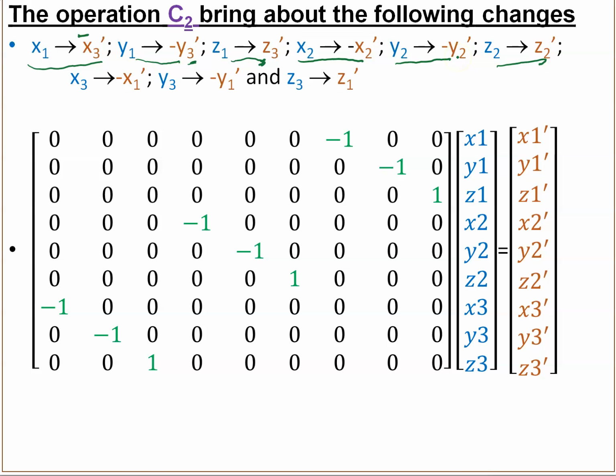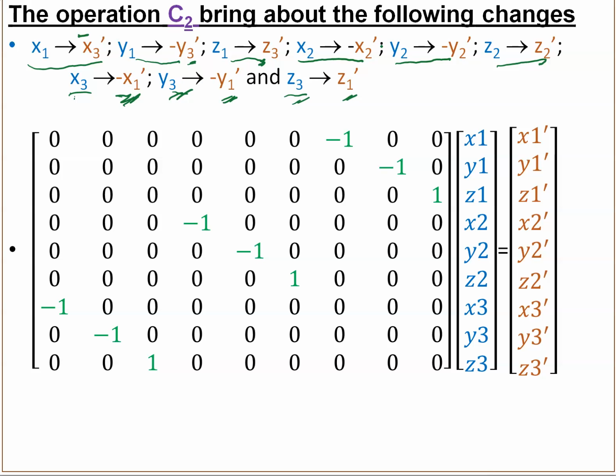That is, for x2, y2, z2, the vectors remain the same, only the direction changes. While for x1, y1, z1 and x3, y3, z3, both the direction and the position are changed. x3 is equal to minus x1 dash. Y3 is equal to minus y1 dash. Z3 is equal to z1 dash.